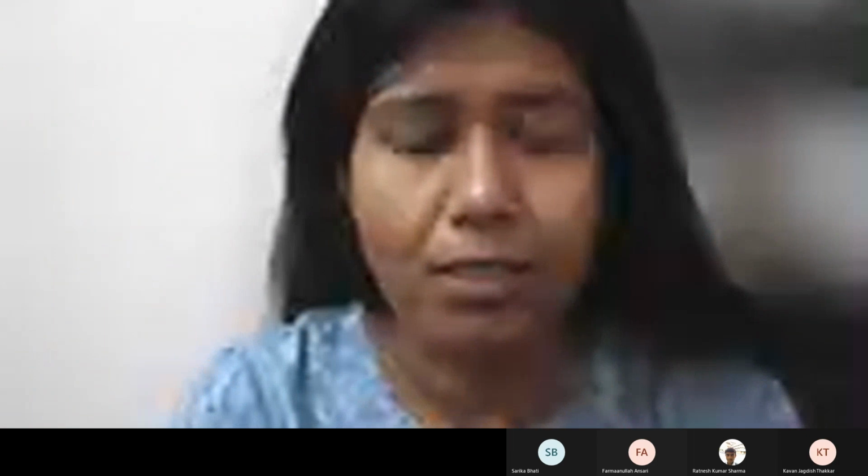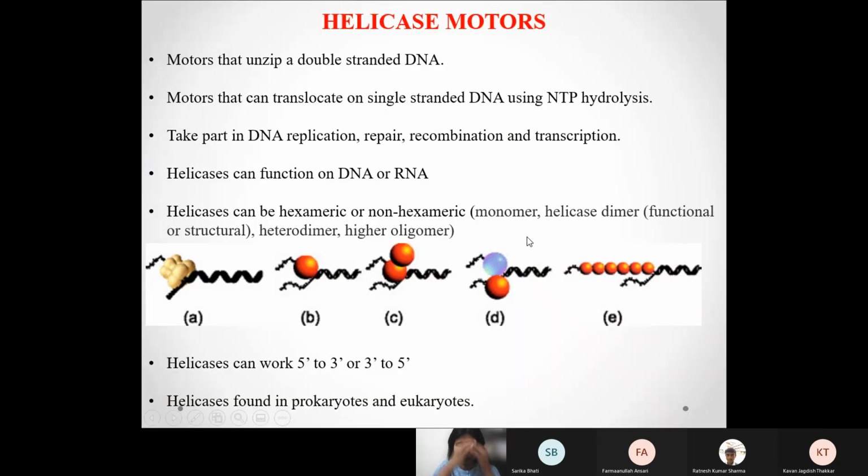So we will continue from where we stopped the last time. What we discussed yesterday was some properties of helicases, and we understood that helicases can work both on DNA as well as RNA, and they are required to unzip double-stranded DNA or double-stranded RNA, or even DNA-RNA duplexes.